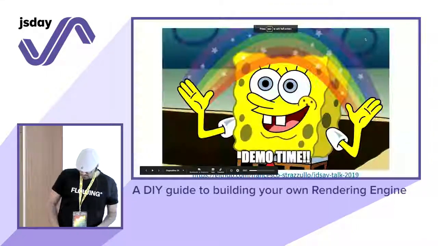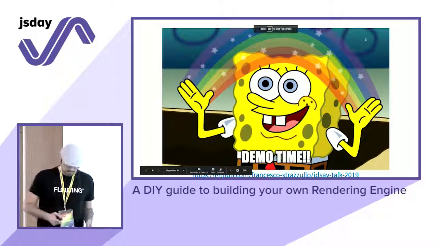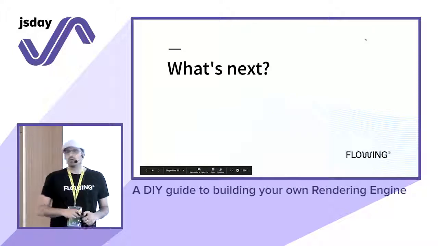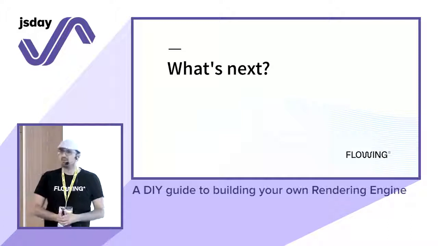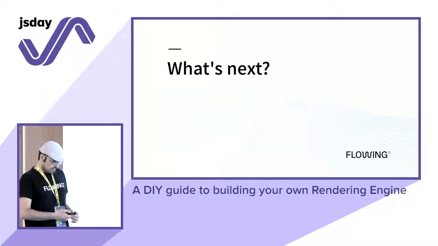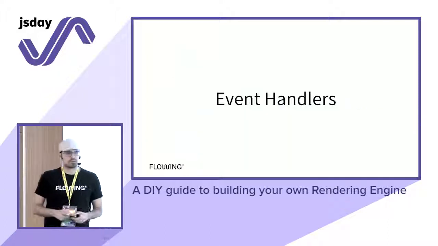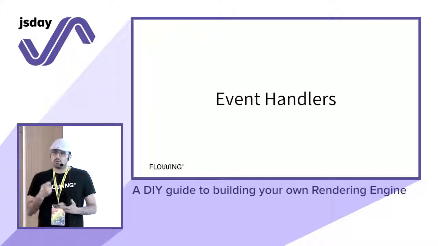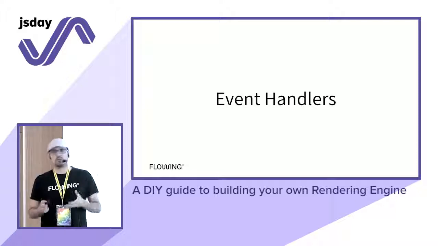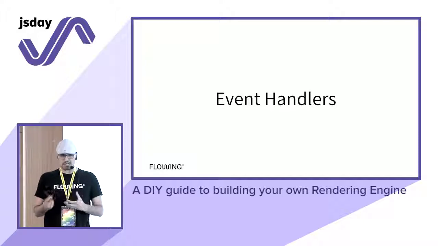Okay, so now that we saw the code, what's next? What do we have to do now to continue investigating this stuff? The first thing is to add event handlers. Of course, I don't have the time to do that, but what you have to do is to learn, for example, the difference between the bubbling and capture phase. It may seem strange at first.